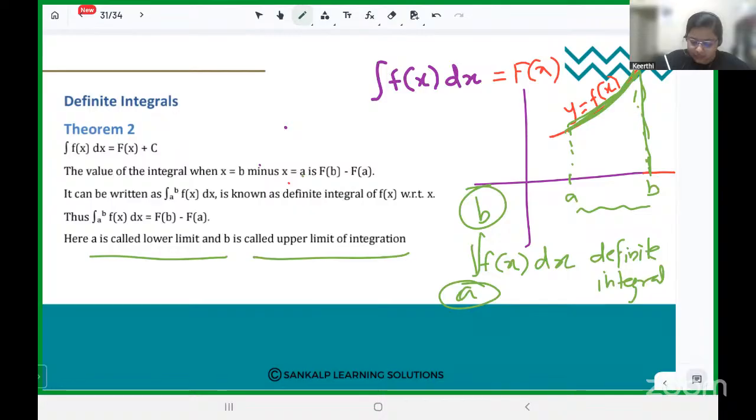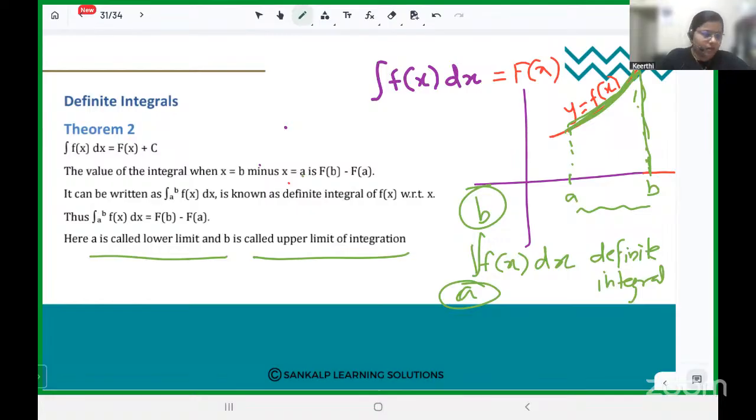Is that much clear to you? So we understood that indefinite integral becomes a definite integral when x varies in a bounded closed interval. So we write integral a to b f of x dx. A is called the lower limit and b is called the upper limit.